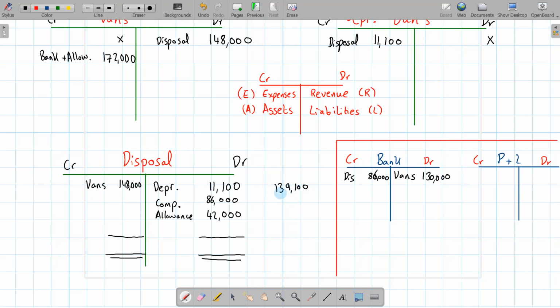So 148 is greater, so that's going to go into here. So the difference between these two, there'll have to be a balance, or it has to be, we all know that they have to add up to the same amount. So 148,000 minus 139,100 is 8,900.